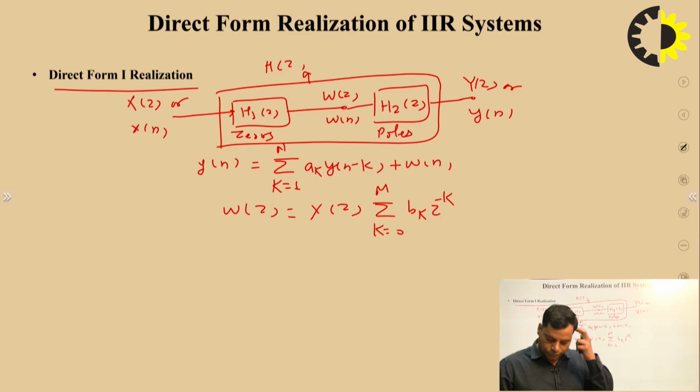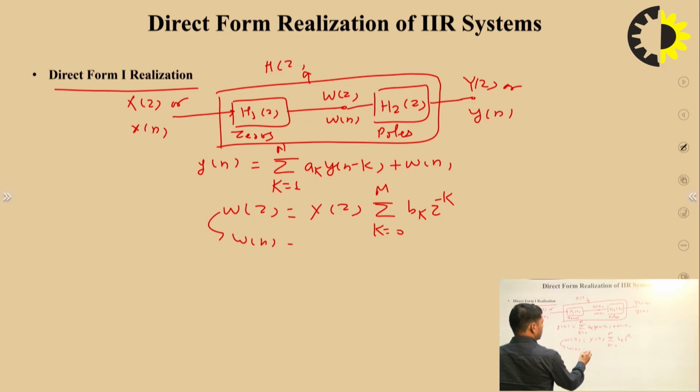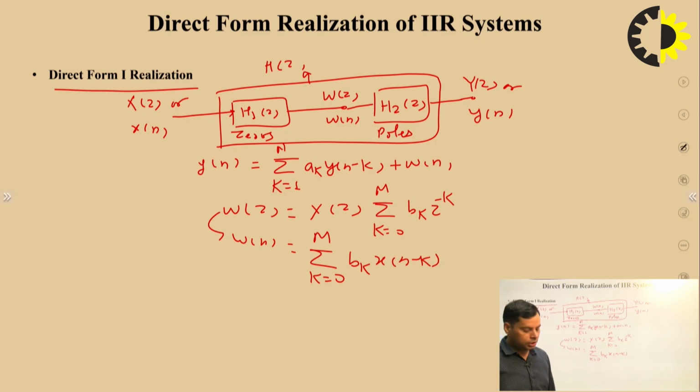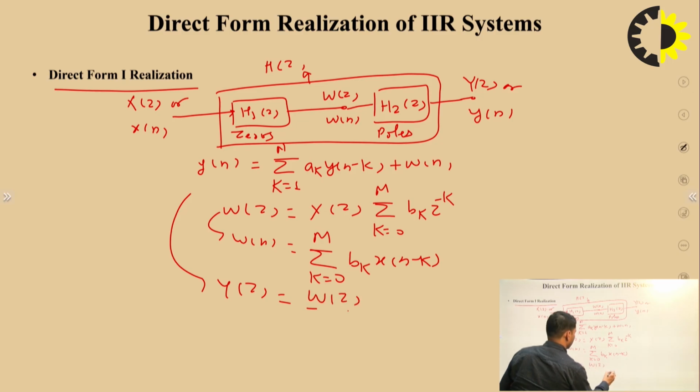So, in this process we can now design it: correspondingly, if we write w(n), it is equal to summation of k equals 0 to M of b_k x(n minus k). So, in this we can now design the overall Y(z). If we write it like this, Y(z) is equal to W(z) upon 1 minus summation of k equals 1 to N of a_k z raised to the power of minus k.